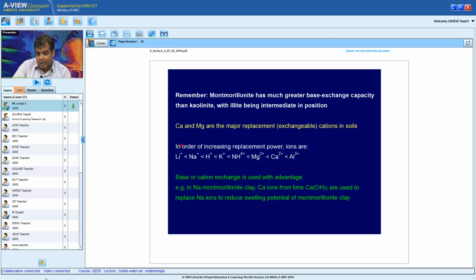Look at an order. I always tell people, except for hydrogen, if you go from left to right, if the charge is the same: lithium, sodium, potassium, and NH4. Sorry, this should be NH4 positive, so the 4 should be a subscript somewhere here.